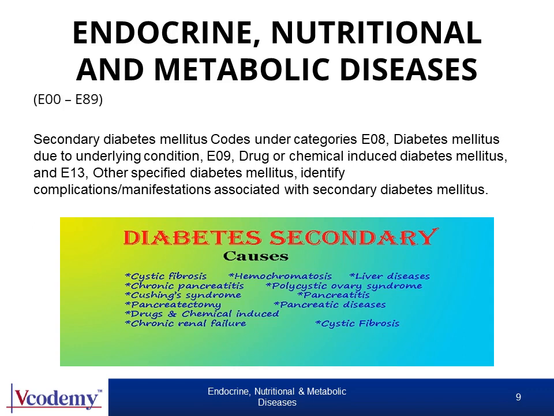So all these conditions are underlying conditions. So what you will be doing is code them first. The underlying condition should be coded first, followed by the type of diabetes mellitus. So secondary diabetes is always caused by another condition or event. So you should bear that point in mind.